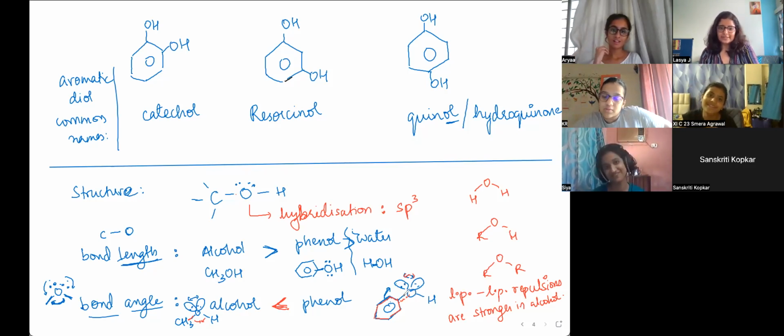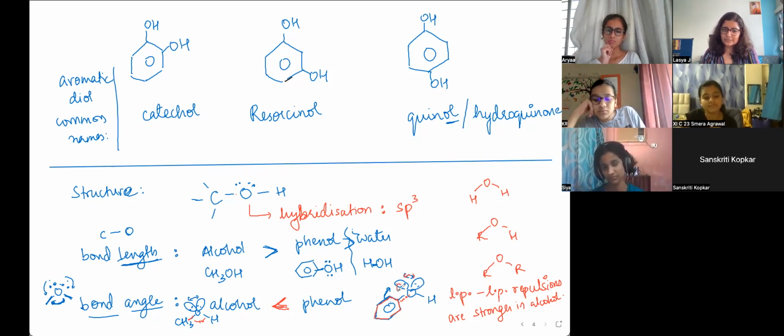Two reasons. Again, in the benzene ring you have a partial double bond character that is increasing the bond angle. Oxygen is sp3 by default, when all of them are single bonds. But when this lone pair is jumping over here during the process of resonance, it's changing into sp2 hybridization.